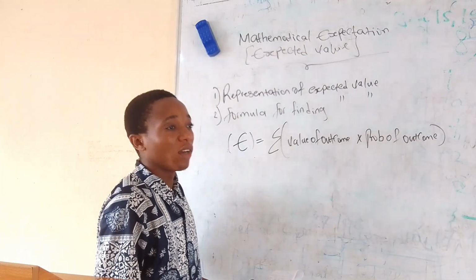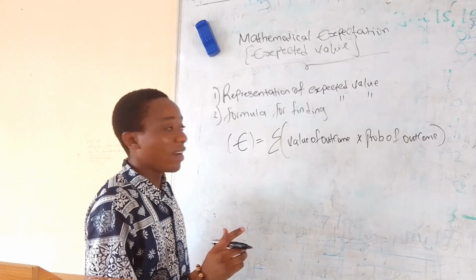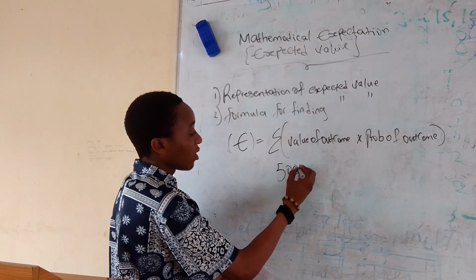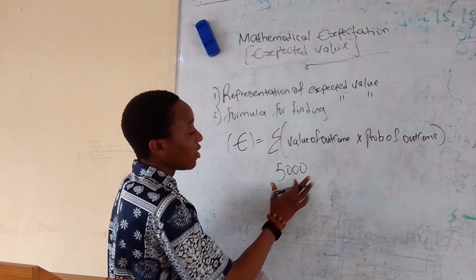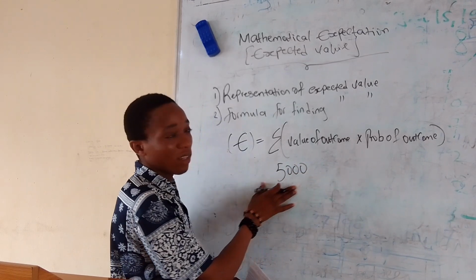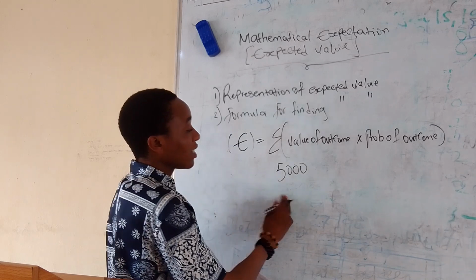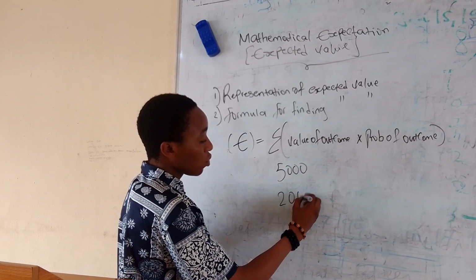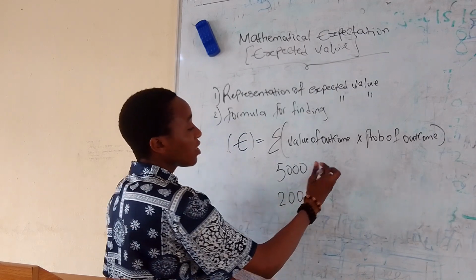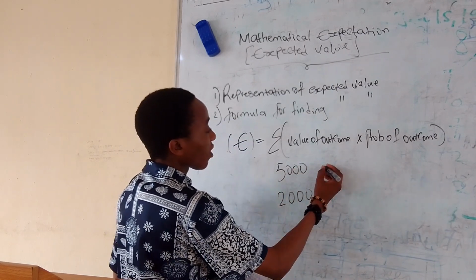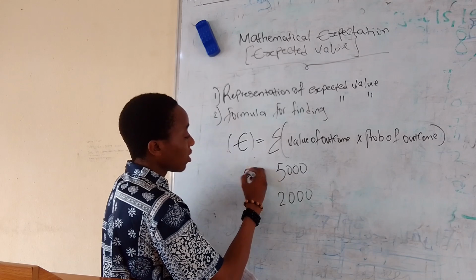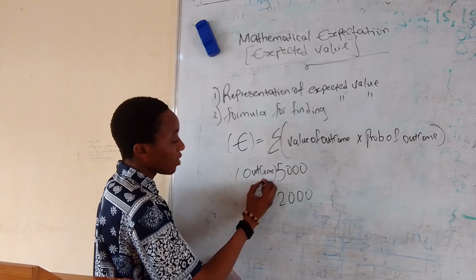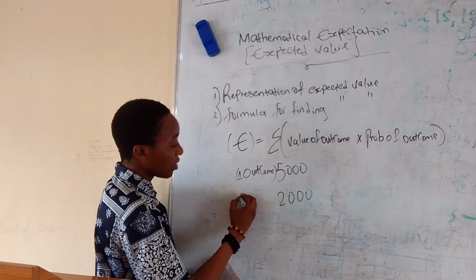From the question, the first event we have is 5,000. He bought a raffle ticket and the first event is that he's going to win 5,000. And the second event is that he will win 2,000. These are the outcomes: this is the first outcome, and this is the second outcome.